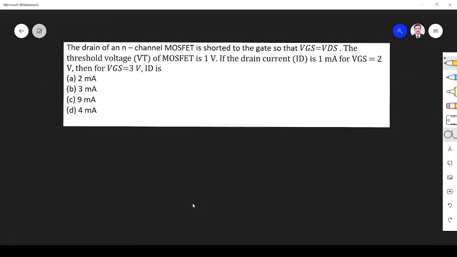The second question is: the drain of an N-channel MOSFET is shorted to the gate. The drain and the gate are shorted, that is VGS is equal to VDS. The threshold voltage of the MOSFET is 1 volt.